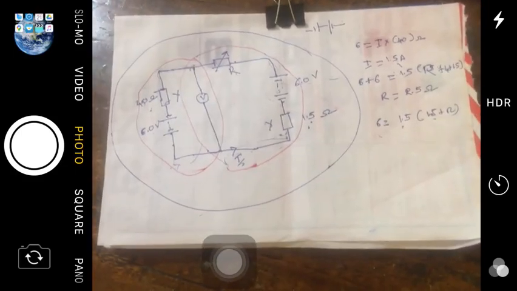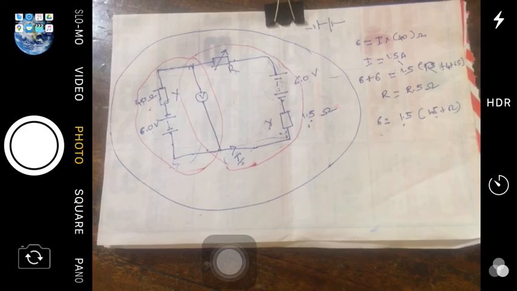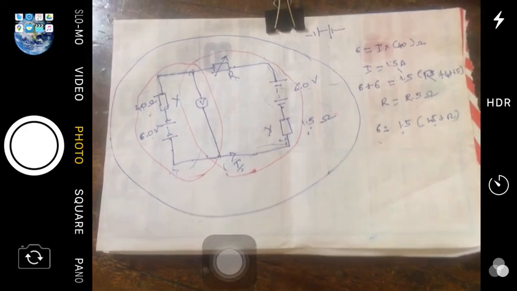So if you look at the mark scheme, that is the second method in which they have done it. Okay.